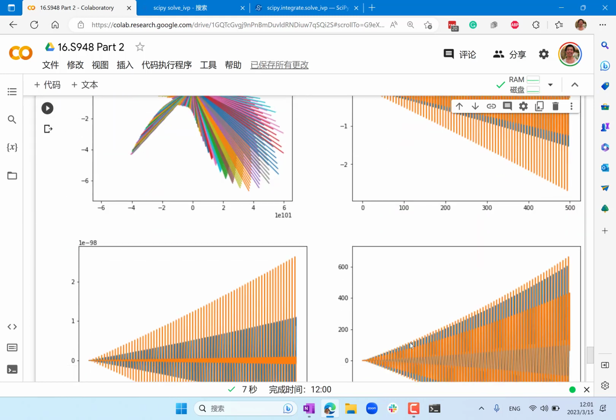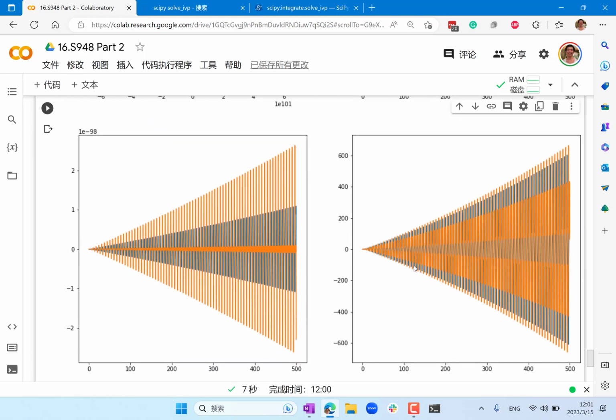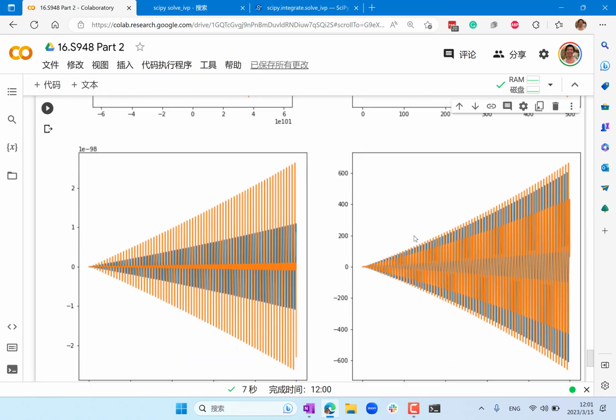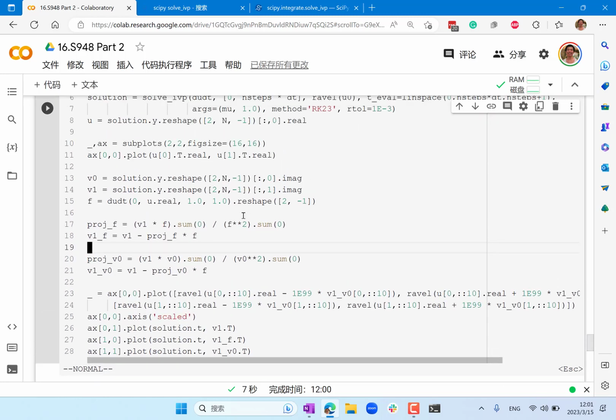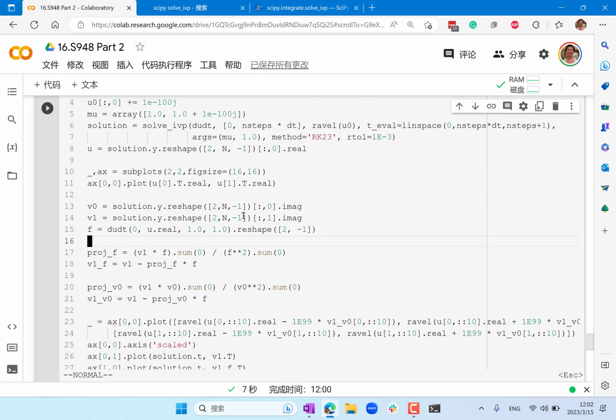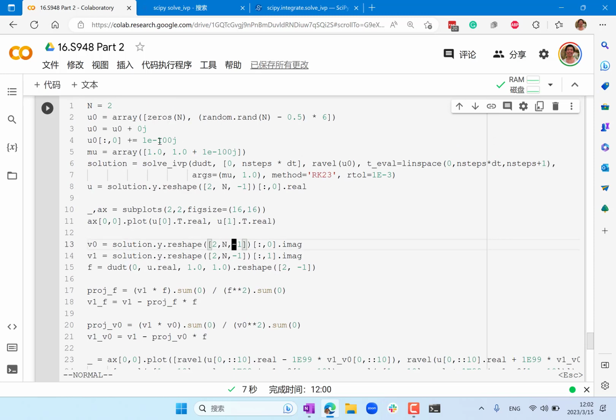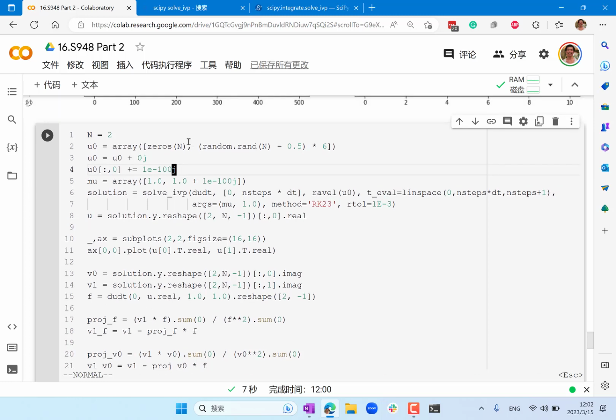So v1 is still right. Okay, so I think I probably have a problem with the projected. So v0 is the solution to the homogeneous equation. That seems to be right.